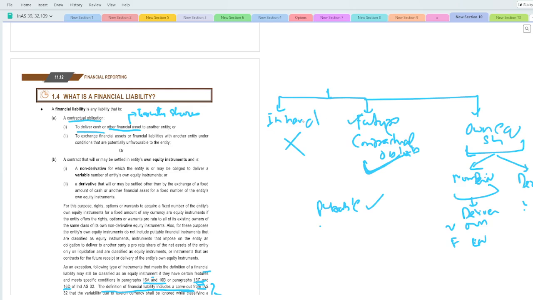In the future you are paying the cash, or you are delivering the equity shares.